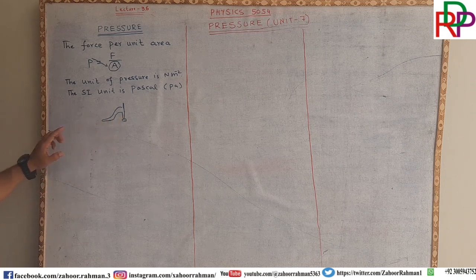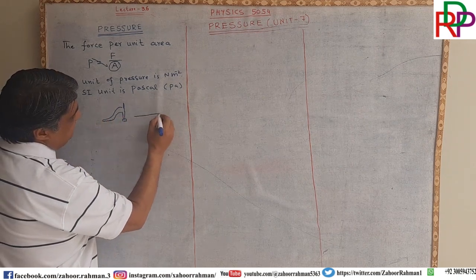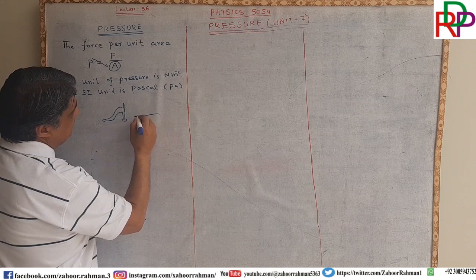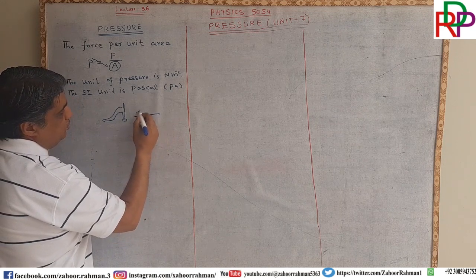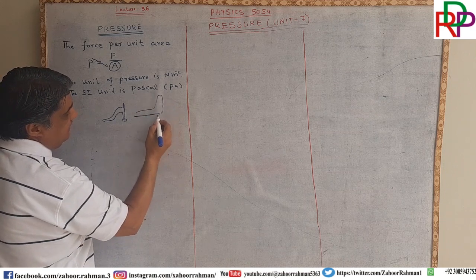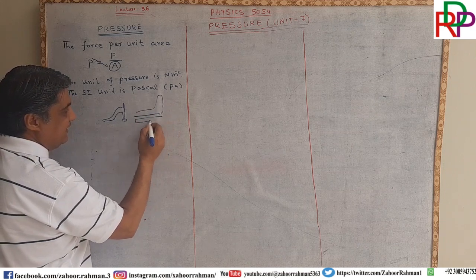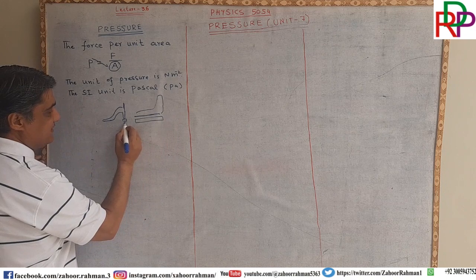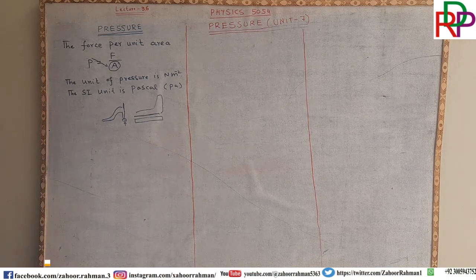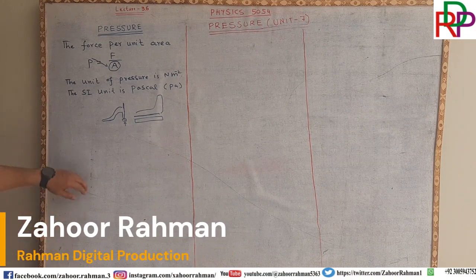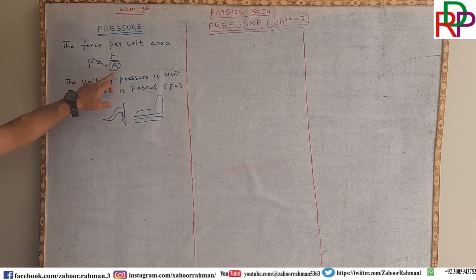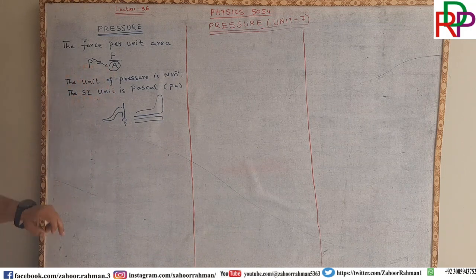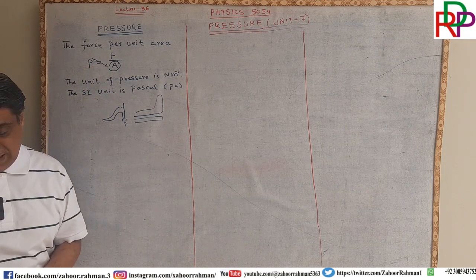So here the area is in case of the flat shoes, which is like this, so more area is in contact as compared to this one. So more area, less pressure. Less area in contact, more pressure will be there.